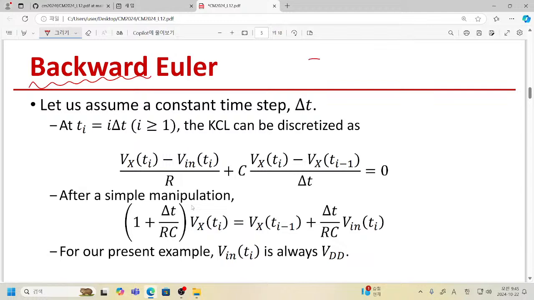Because if you take this forward Euler, then this becomes really quite unstable. If you just take this forward one, then as much as your system has some non-linearities, that will give you quite a lot of trouble in this case.